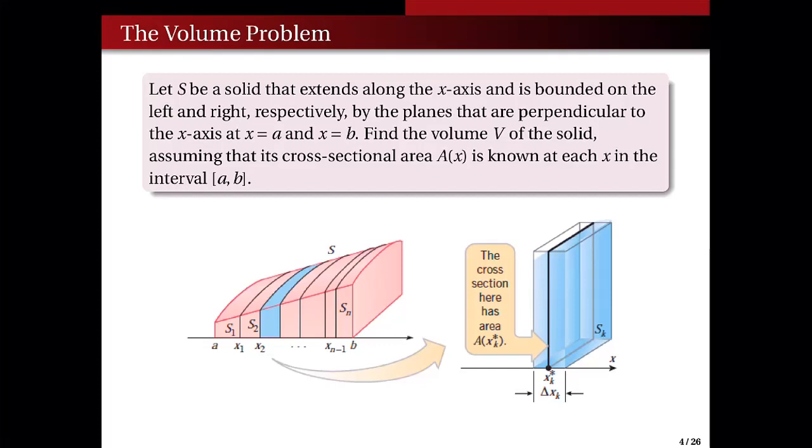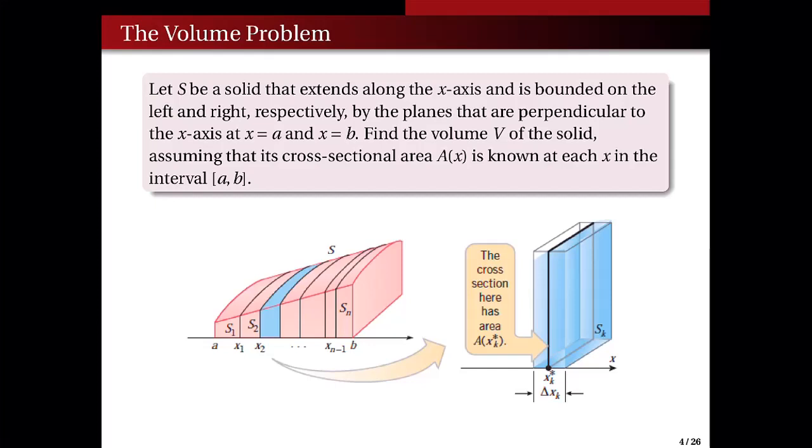Our approximating slab will be a rectangular box or a parallelepiped. Then we add all those rectangular boxes, or slabs, to approximate the volume of the solid.